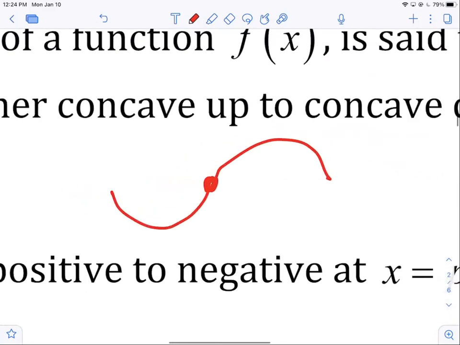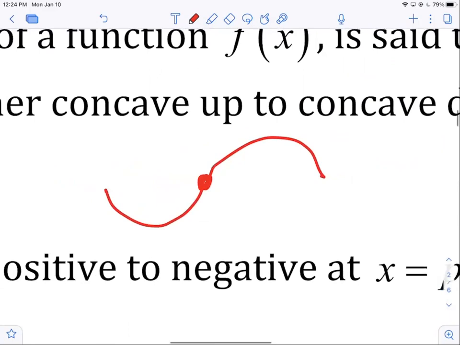If the function goes from concave down to concave up, that means the second derivative, oops, I put two F's instead of two primes, goes from positive on one side to negative on the other. And so going from a positive to a negative number through a continuum, we're going to have to pass through what?